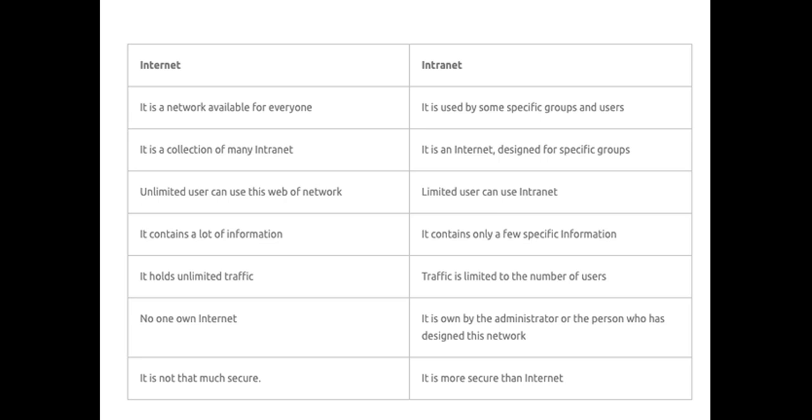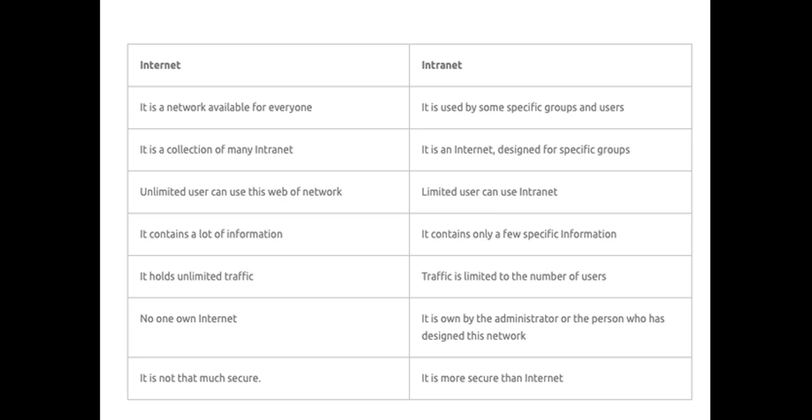In simple terms, the internet is a collection of many intranets, that is, a group of intranets is also called the internet, but an intranet is designed for a specific group or limited range of systems. In the internet, unlimited users can use the network with the help of the web, but in an intranet only limited users can use it.